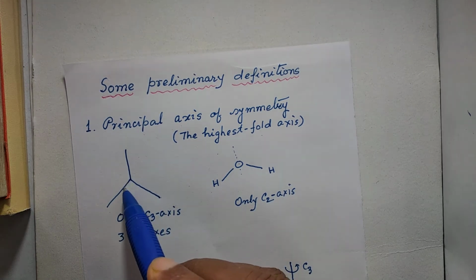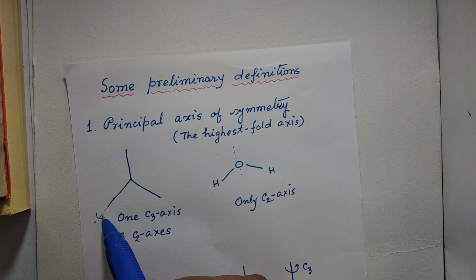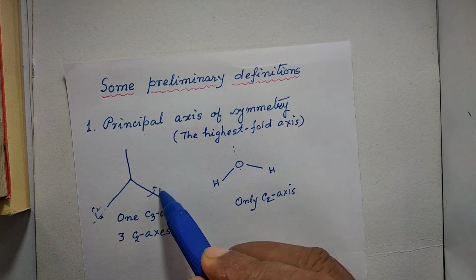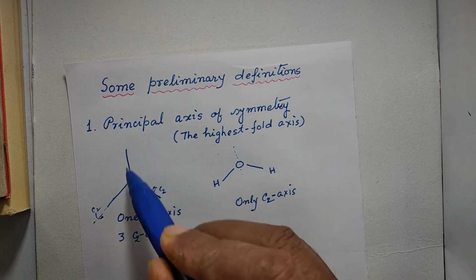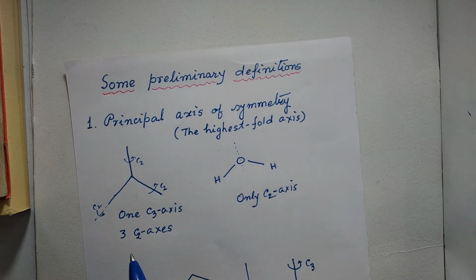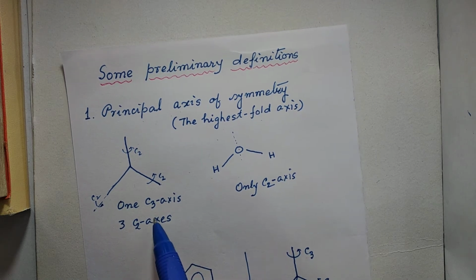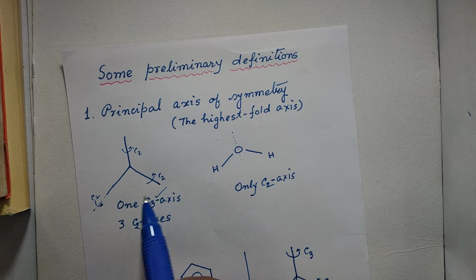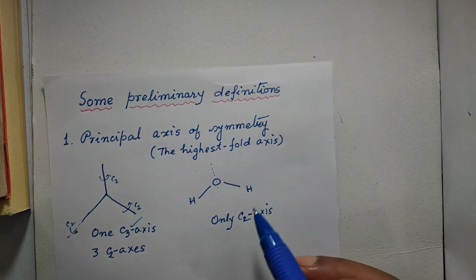There are also C2 axis. These BF bonds act as C2 axis. Therefore, the highest fold axis is C3 axis. This is the principal axis for BF3.